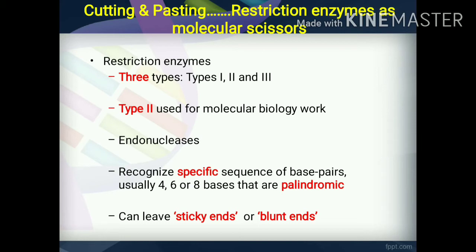Out of these three types, type 2 is used for molecular biology work, like endonucleases. They recognize specific sequences of base pairs, usually 4, 6 or 8 bases, that are palindromic. They can leave sticky ends and blunt ends.